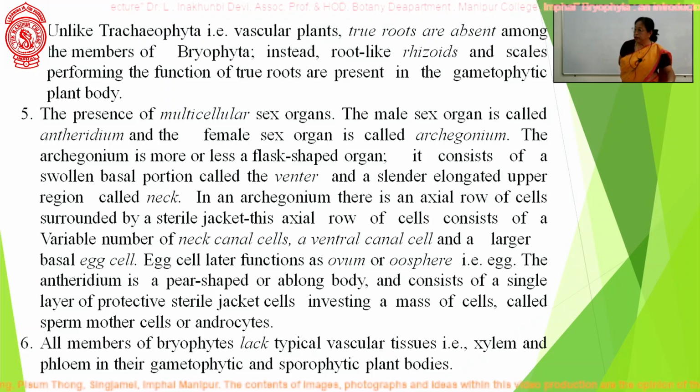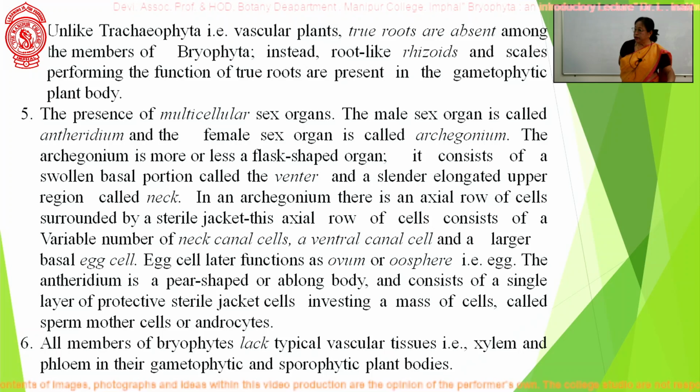And the next characteristic feature, one of the most important, is that sexual reproduction is of the oogamous type. In sexual reproduction, there is the union of heterogametes. What do you mean by heterogametes?